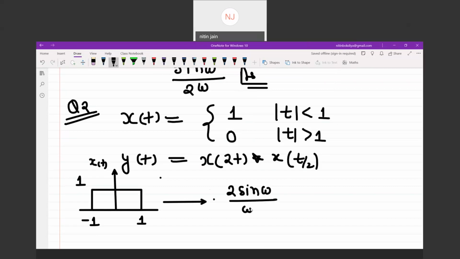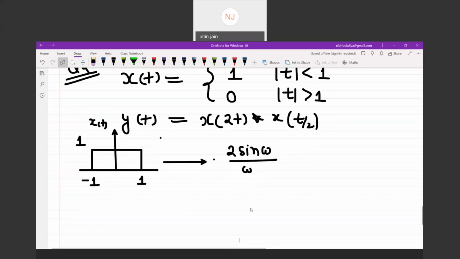This is it. Now what I am saying, we are convolving in time domain, means we are multiplying the signal in frequency domain. So can I say what is the value of x of 2t? The Fourier transform of x of 2t is given by 1 by 2 times x of omega by 2.